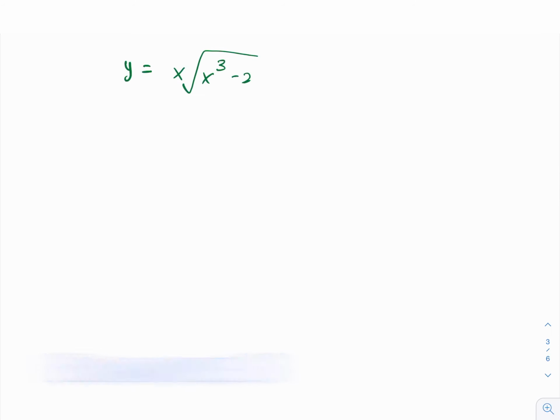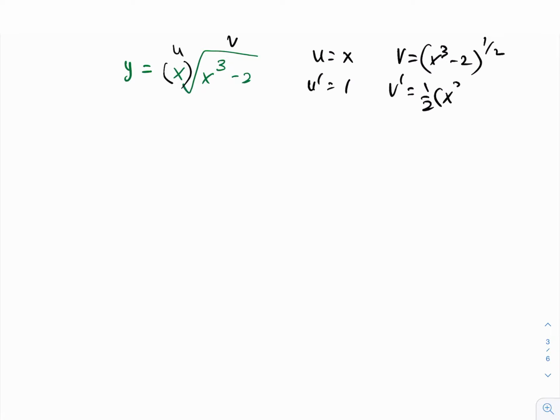Let's look at another example, and this one will involve a radical function. We have to identify our u and v. Now u is x, v is (x cubed minus 2) to the power of 1 over 2. So u prime is 1 and v prime is 1 over 2 times (x cubed minus 2) to the negative 1 over 2 times 3x squared, or you can write it as 3x squared over 2 multiplied by (x cubed minus 2) to the 1 over 2.